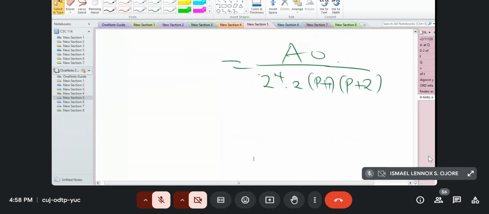The next value of K is, we consider K equals 6 because the odd values will give us zeros. So when K equals 6, from the recurrence relation, what do we have? Cheryl? When K is equal to 6? Starting from the left-hand side, what do we have on the left-hand side?